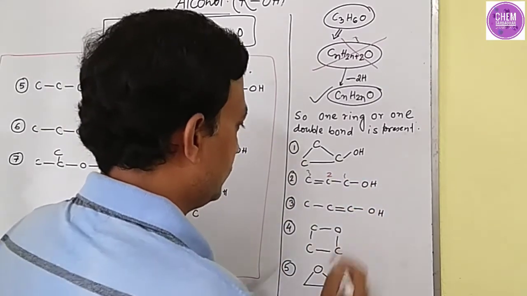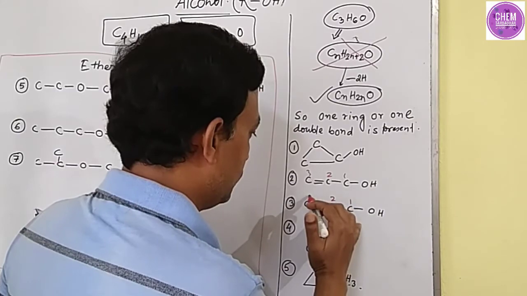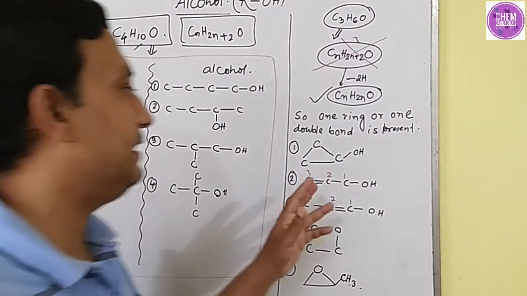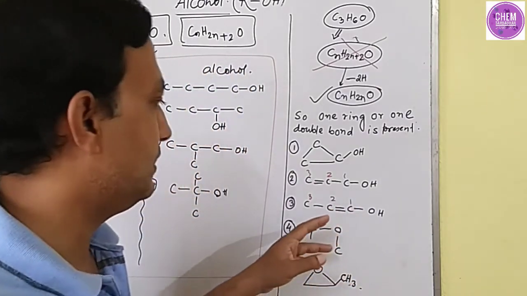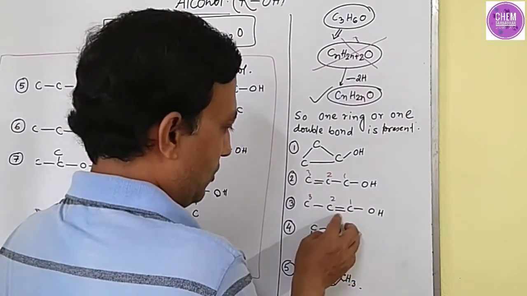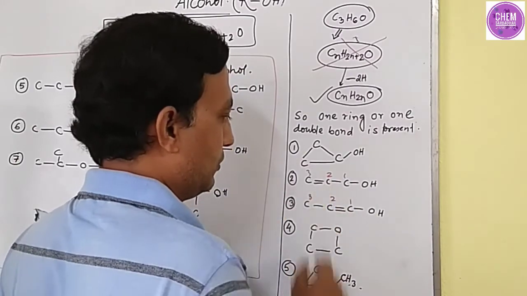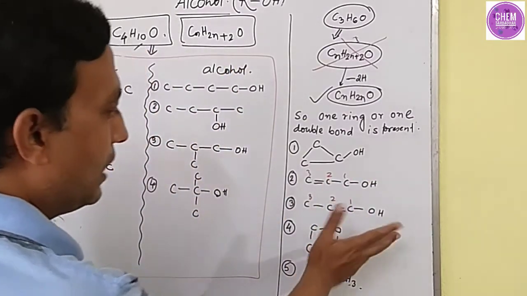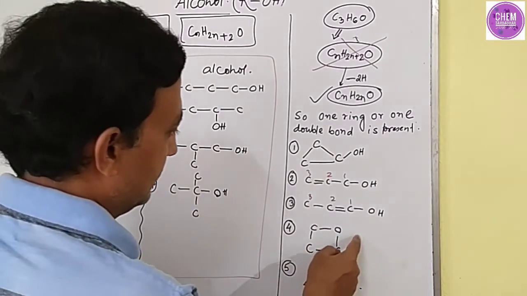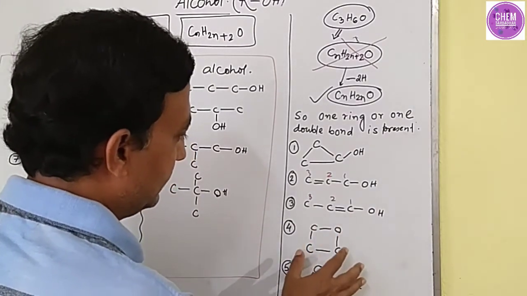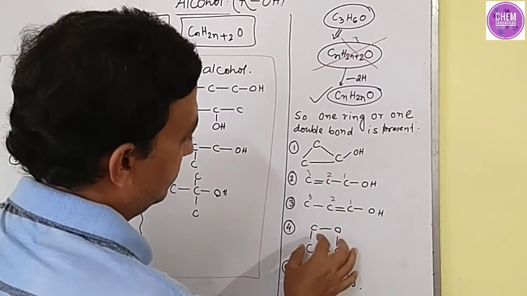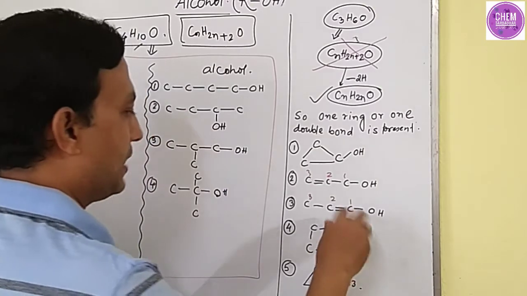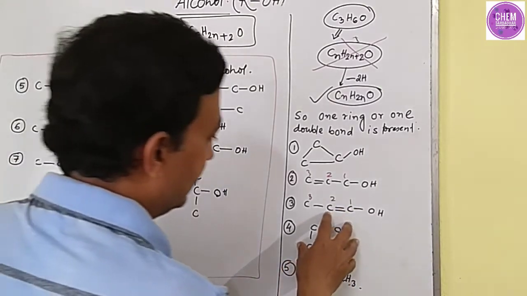Similarly, this is also an unsaturated alcohol, but 2 and 3 are not the same, because the double bond is not in an equivalent position. The double bond starts after 1 carbon atom, where there are 2 carbon atoms. That's why prop-1-en-1-ol. Then the cyclic ether. Cyclic ether means the ring consists of 3 carbon atoms along with 1 oxygen. Oxygen becomes part of the ring, that's why it is a cyclic ether.